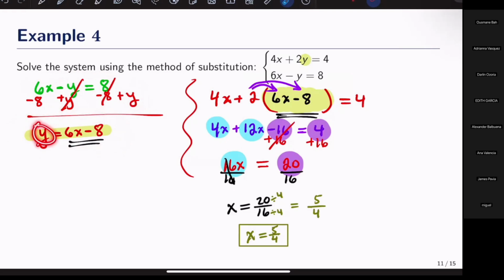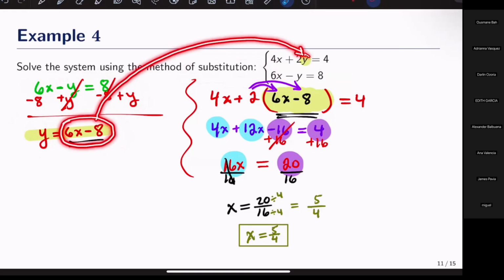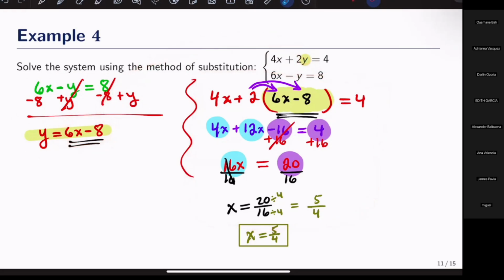And the whole concept of substitution method is substituting in a variable into the other equation in order to solve for that remaining variable, which is exactly what we did in this second part. We substituted wherever we saw a y in that other equation, we substituted in 6x minus 8 so that we turned the equation into a one variable equation.